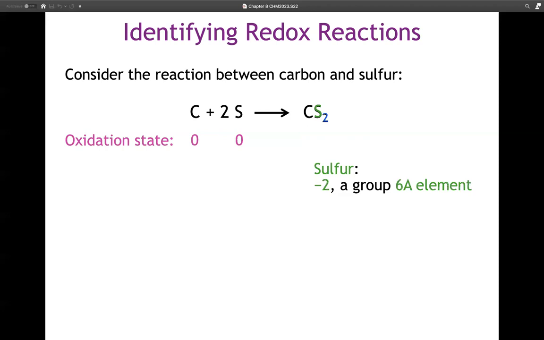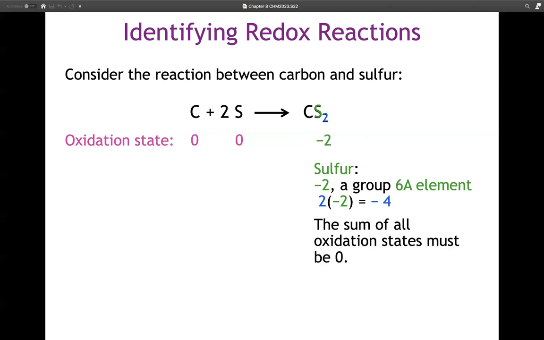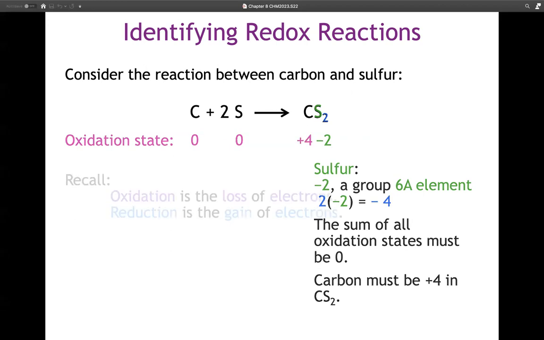Sulfur is a group 6A element, so its oxidation state is typically -2, unless it is combined with oxygen. So we have 2 sulfurs, which overall is -4, and each sulfur is a -2. The sum of all the oxidation states must be 0, so carbon must be +4.